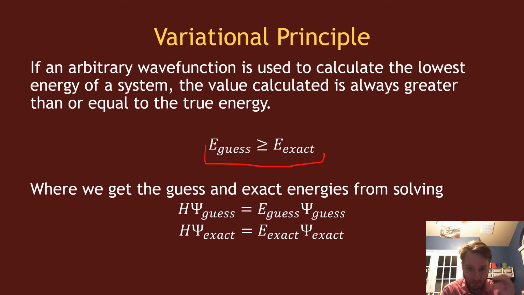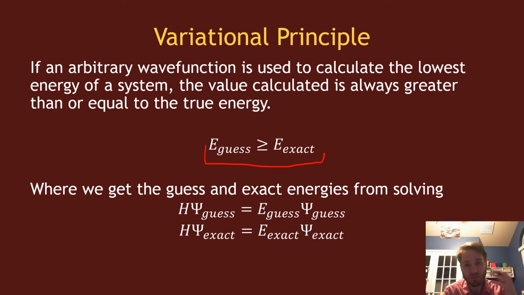The better my guess, the lower my energy is going to be. That means I can improve my guess systematically to lower the overall energy of my system. And if I'm getting a lower and lower energy, I must be getting closer and closer to the true value, to the true wave function and the true energy for your system.